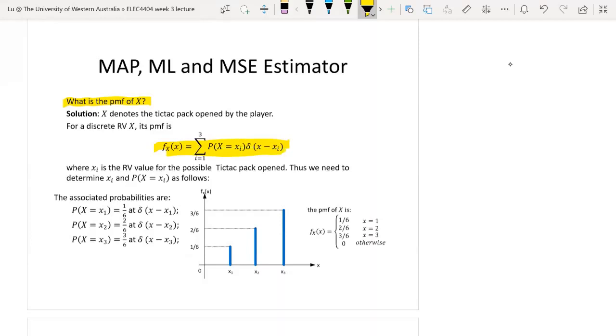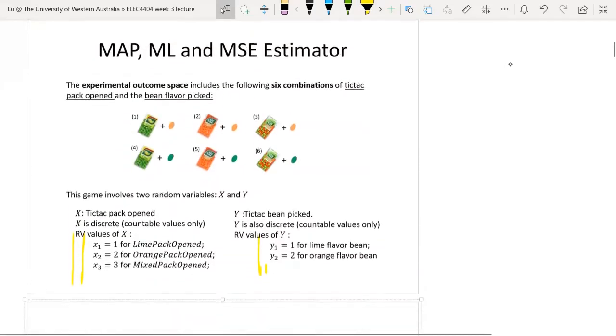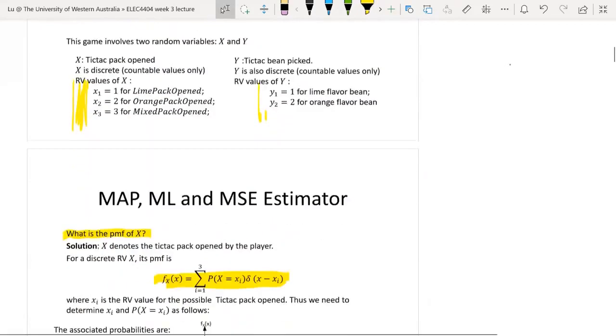And you can see on the right hand side regarding the summation, i equal to 1, 2, 3. These 1, 2, 3 are actually the 3 possible values regarding the x random variable.